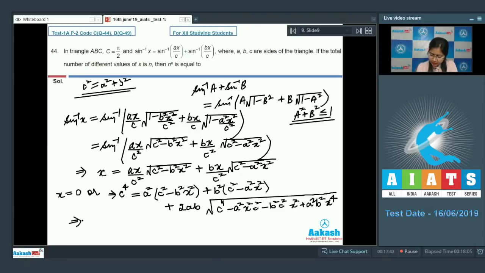So further it can be written as, here we have a square c square plus b square c square. Taking c square common, a square plus b square can be written as c square. So we have c raised to the power 4 minus 2a square b square x square, right?